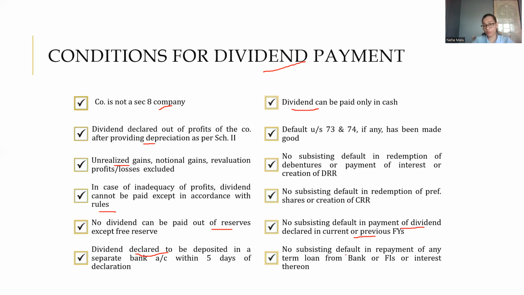Also, there should be no subsisting default in repayment of any term loan from a bank or financial institution, or in payment of the interest accrued on those loans. So if the company complies with all of these conditions, then only can it go for dividend payment, in addition to the conditions we have already discussed.